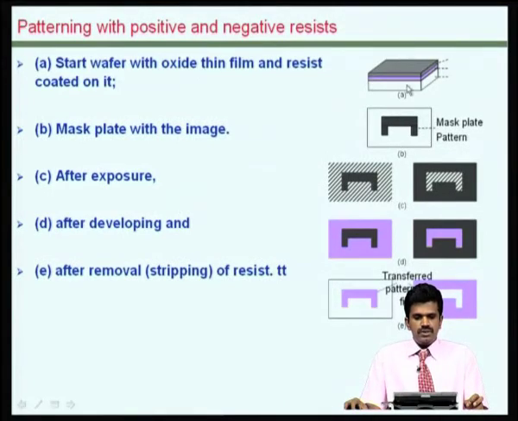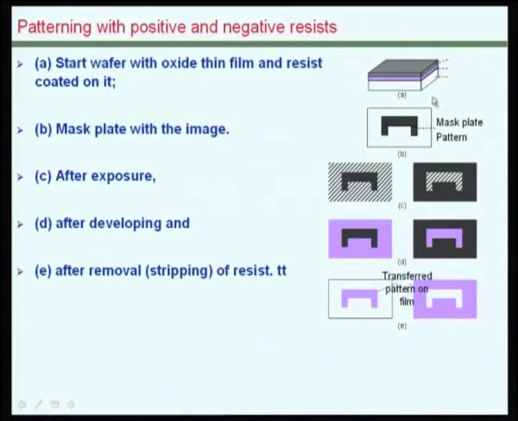The difference between the positive and negative photoresist is illustrated in the schematic here. Let us say that we have a pattern like this on the mask plate and it is being transferred onto the wafer.